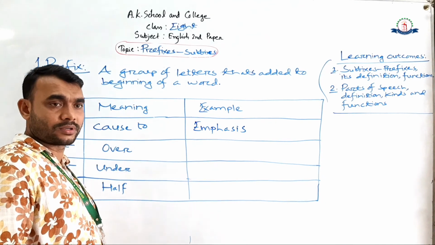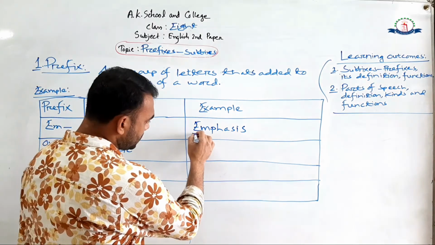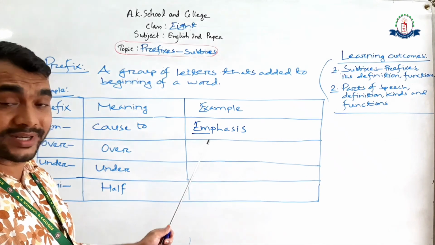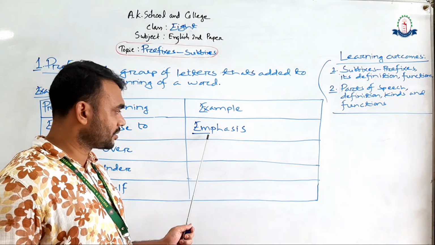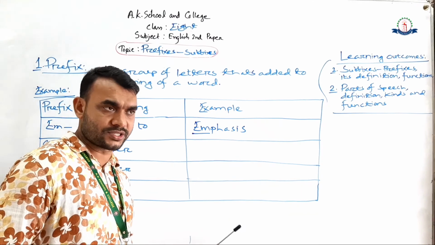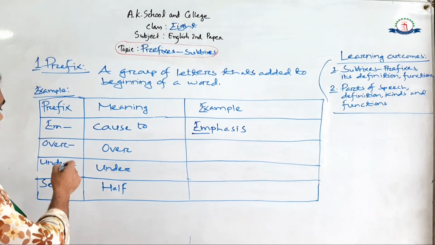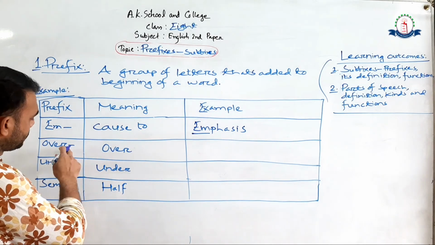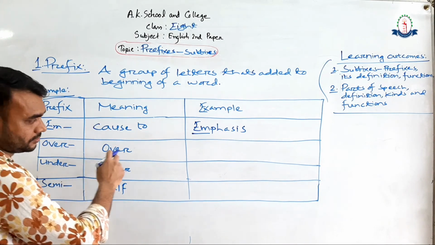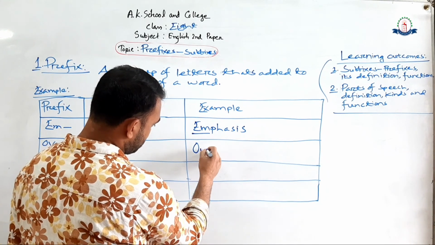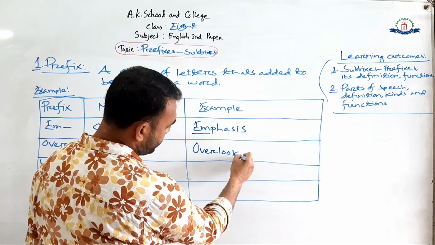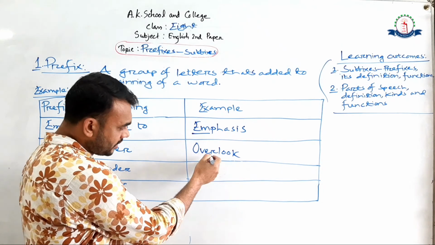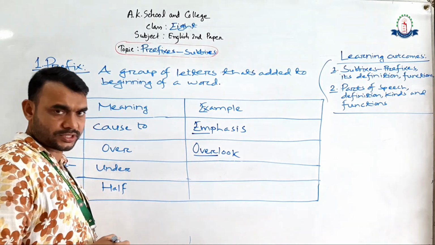Emphasis is the word, and here EM is the prefix because these two letters sit at the beginning of this word emphasis. Here is over, the word over. The meaning is also over. So here overlook, this word overlook, and over is the prefix.